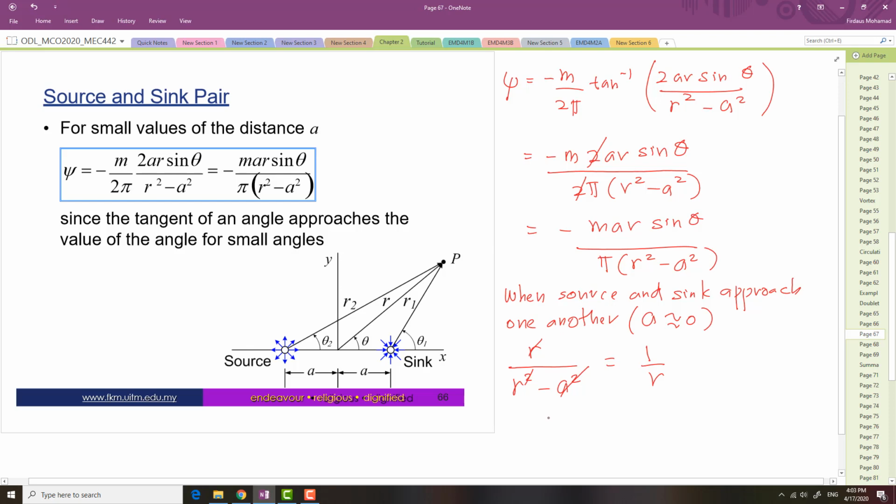So this equation now becomes negative m a over pi, sine, sorry, r.